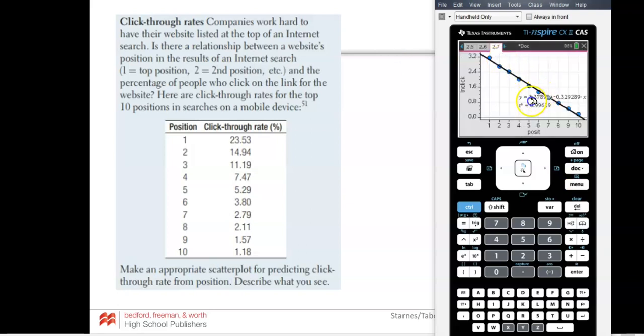Yeah, it's not bad, 0.99 for correlation. I like that a lot. You would then take that equation right there, and the y variable being predicted, and we're going to talk about that in context. So the predicted natural log of clicks equals 3.37 minus 0.329 times the position.